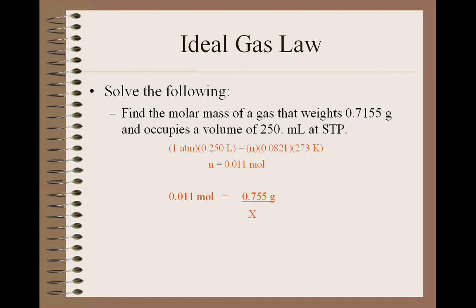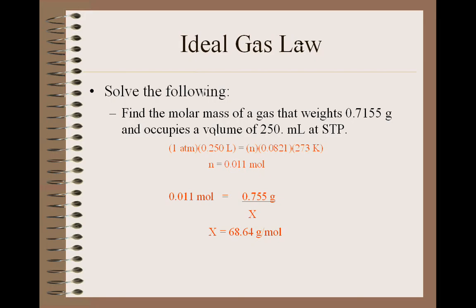And 0.011 moles is equal to 0.7155 grams. So I need to know the molar mass. I put an X underneath that and I solve for X, and figure out that X is 68.64 grams per mole. That's the molar mass. Okay.